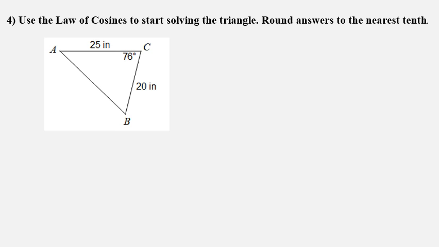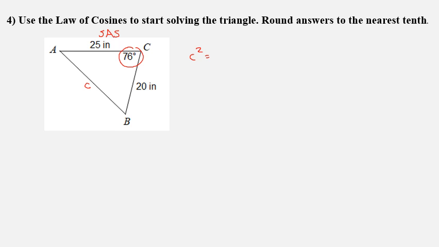So next one, use the law of cosines. I can tell I need to use the law of cosines. I have side, angle, side here. Side, angle, side, so I don't have anything across, right? I don't have angles and sides that are known across from each other in order to use law of sines. So remember, when you're using law of cosines, you need to start with whatever angle you've been given and the side across from it.